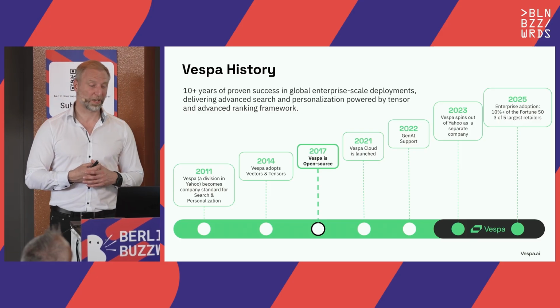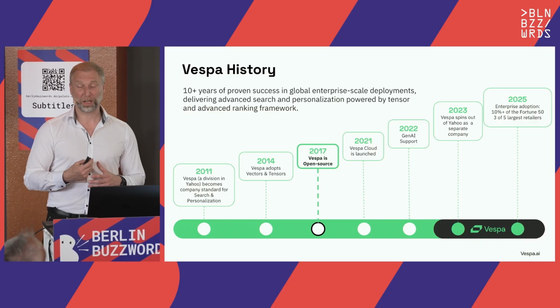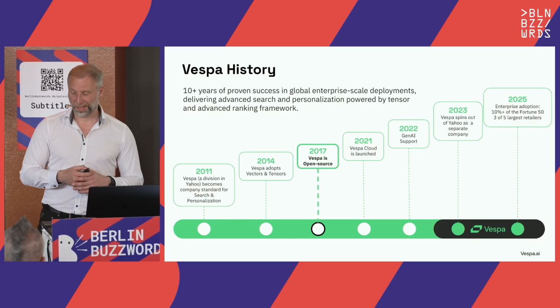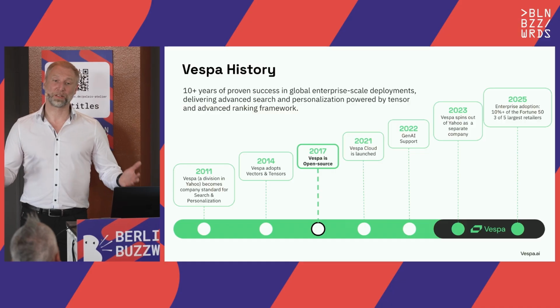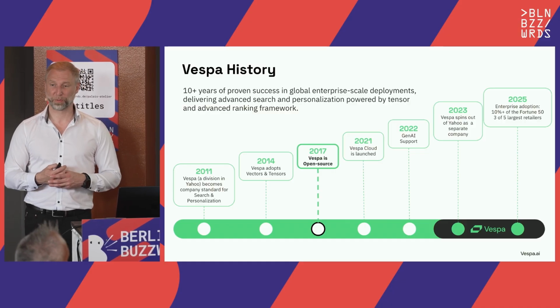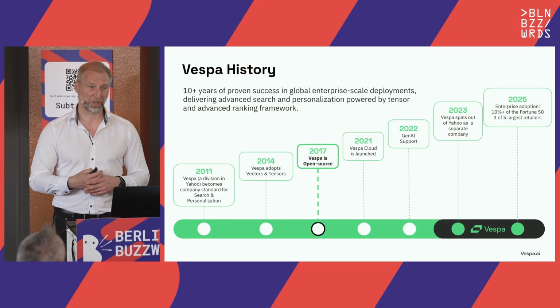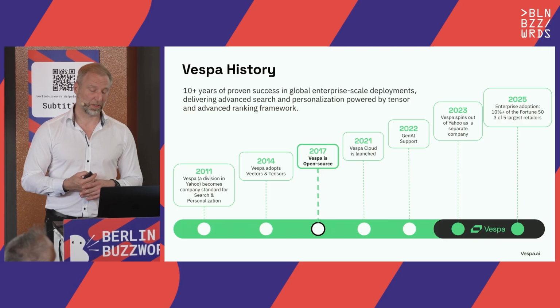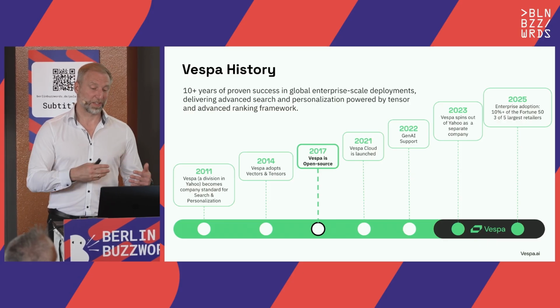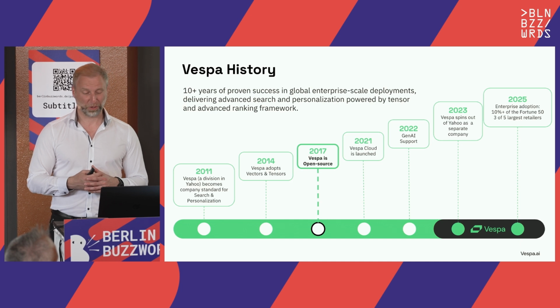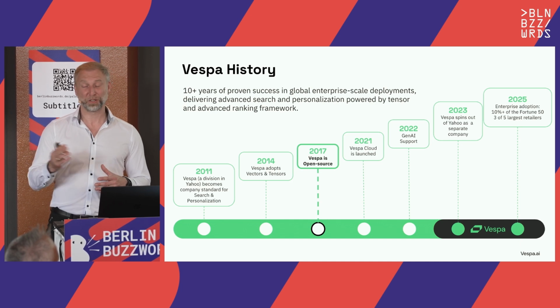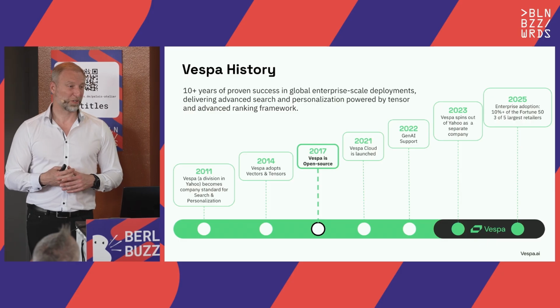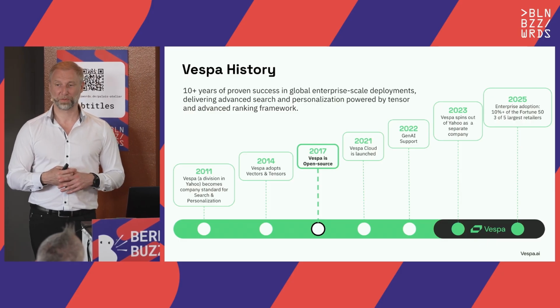It was started at Yahoo. In 2011, Vespa became a standard platform for many of the Yahoo projects. Around 150 different projects in Yahoo are running on Vespa. Then the Vespa team noticed that tensors, not even vectors or vector search, but tensor operations, would be something for the future.